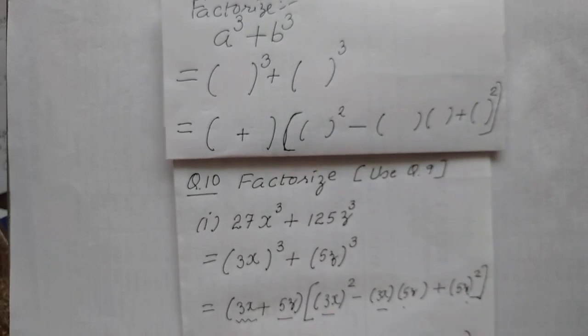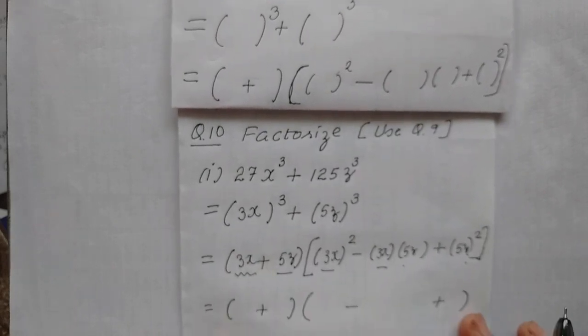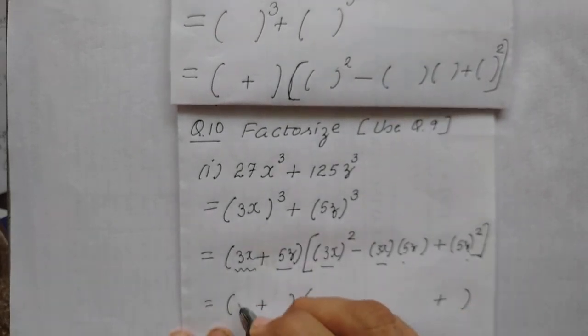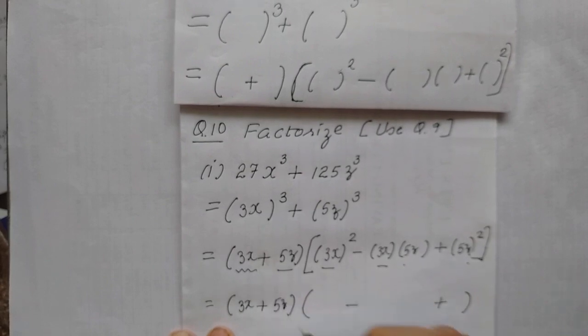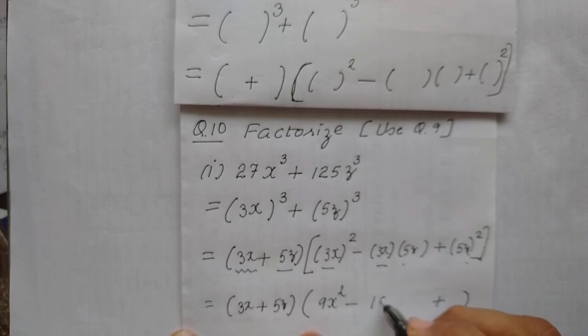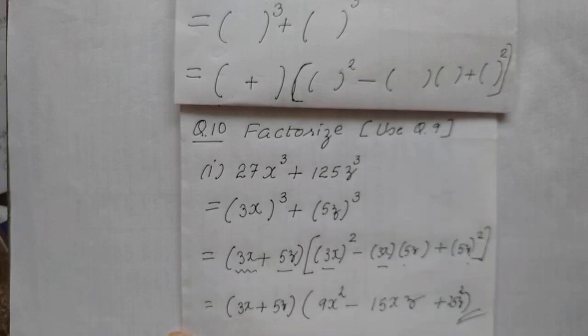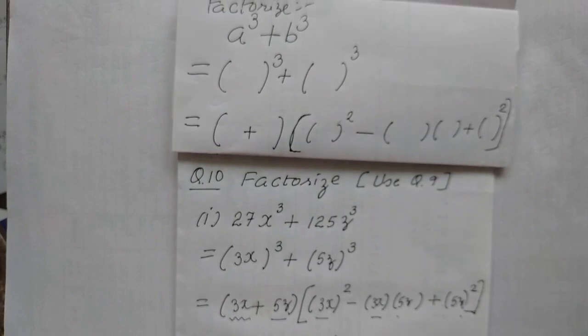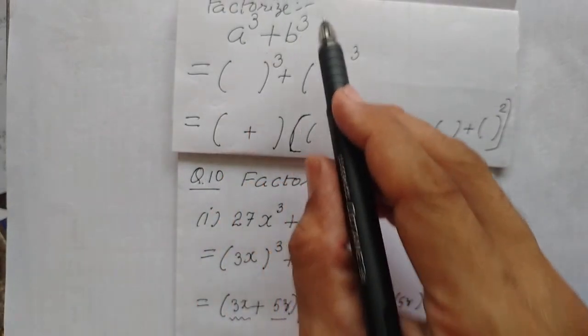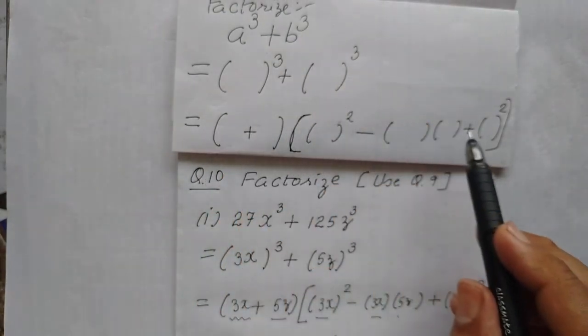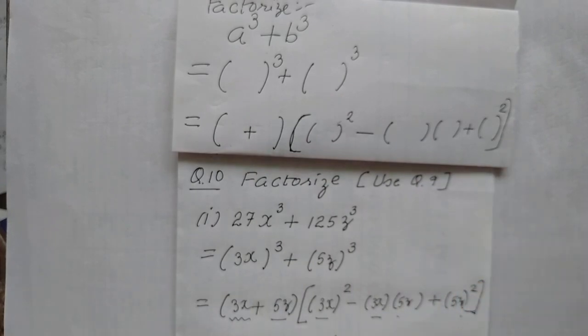Now remove these brackets. 9x square, 5 threes are 15xz, and the last one is 25z square, children. Answer. Very easy, children. You have to remember only this, a cube plus b cube. This formation you have to remember. Okay, let us proceed to the next sum.